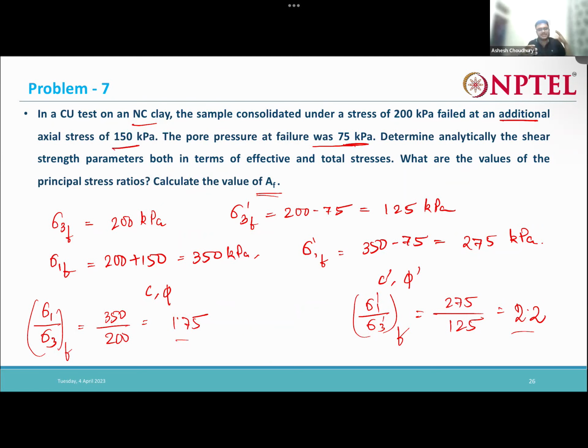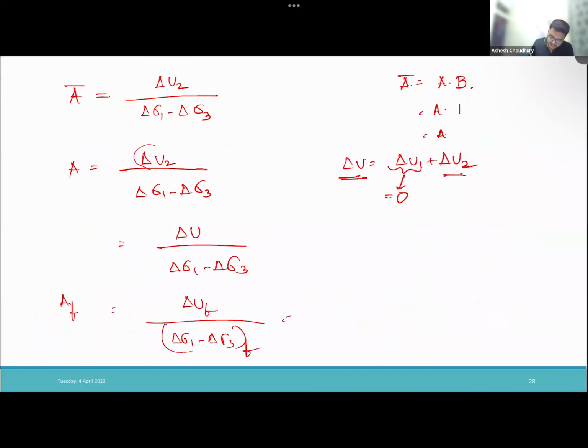So due to this additional stress of 150 kPa, this 75 kPa pore water pressure is getting developed in the soil, isn't it? So it will be nothing but 75 by 150, that is 0.5. Okay, so this is within our range. We have stated that for NC it should be between 0.5 and 1. So you can see it is coming within our range also.